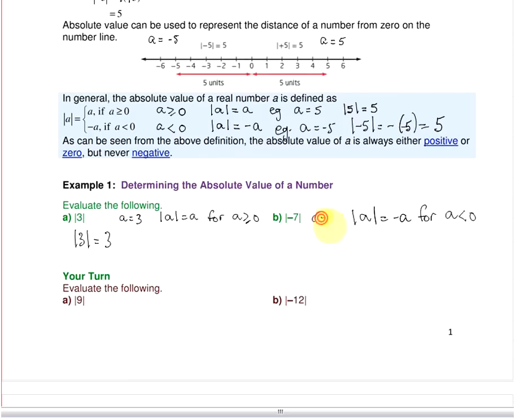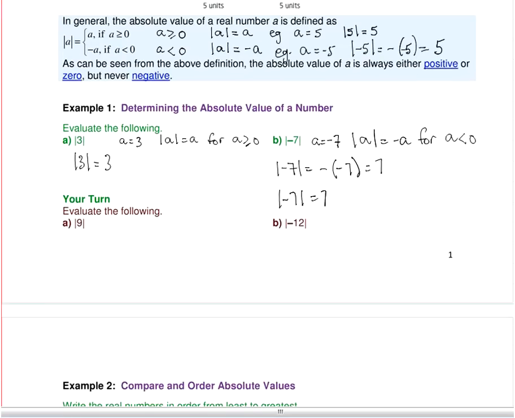And a in this case is negative 7. So the absolute value of negative 7 is equal to the negative of negative 7, which is 7. Now, I wouldn't do that all the time. I would just write the absolute value of negative 7 is 7, but this is just to show you how it works with the definition.